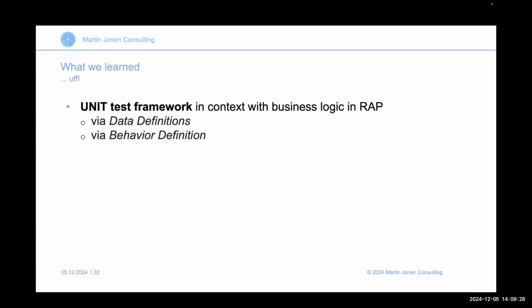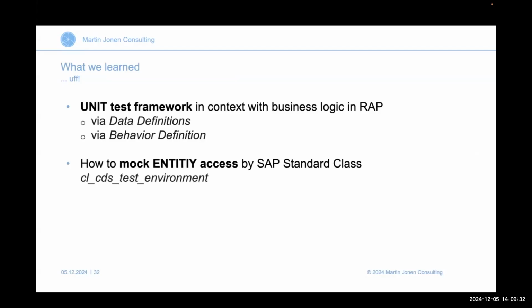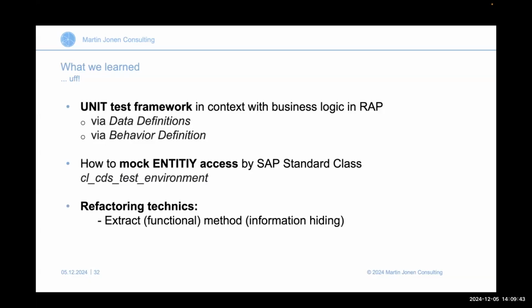The second case was the OO class related to the behavior definition. We used mock entity access by SAP standard classes, very important in the RAP framework. And we saw the two refactoring techniques: extract functional method, information hiding, and the power of 3.